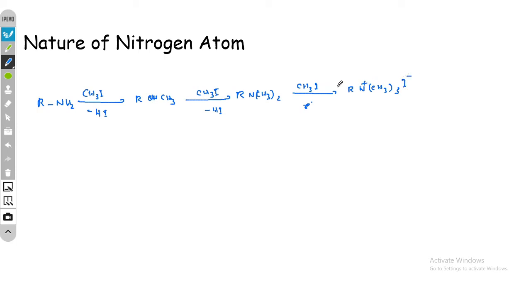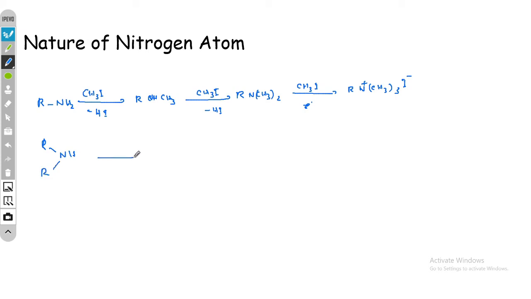That is, if the nitrogen is present as primary NH2 in a given alkaloid, it will add 1, 2, 3 CH3I groups. If it is secondary, what will happen?